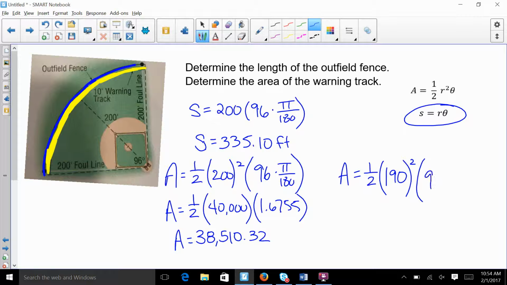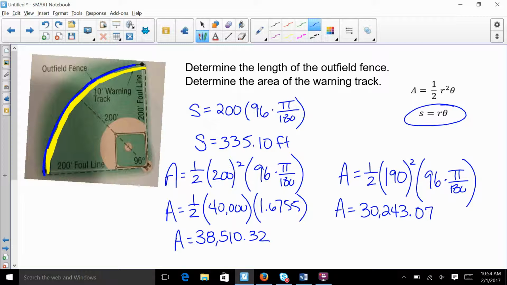And then again, I'm going to have the 96 times pi over 180. All right, so I go ahead and multiply these together. And when I do, I end up with 30,243.07.